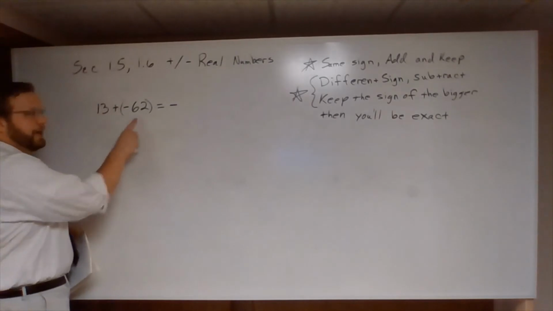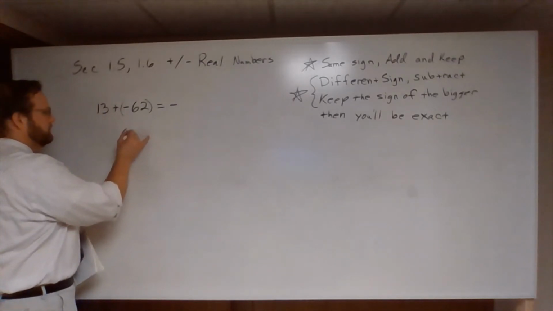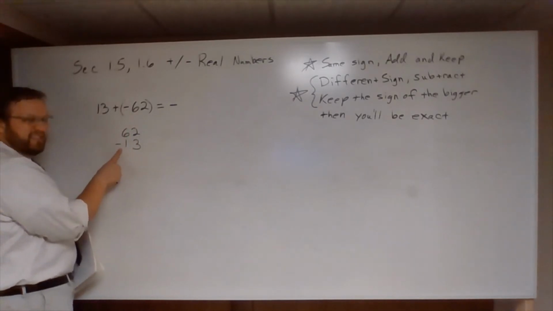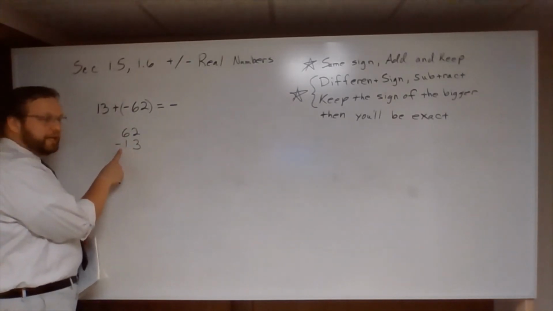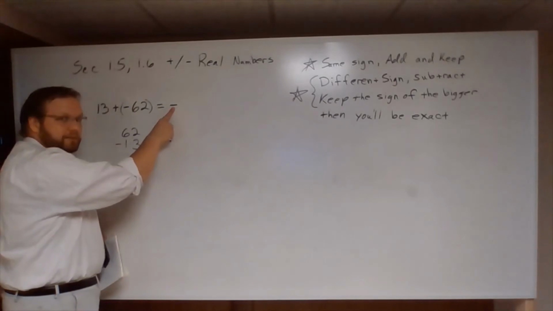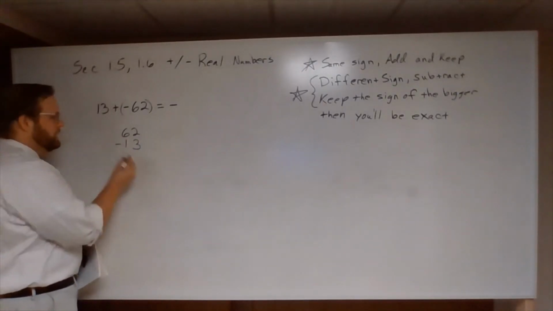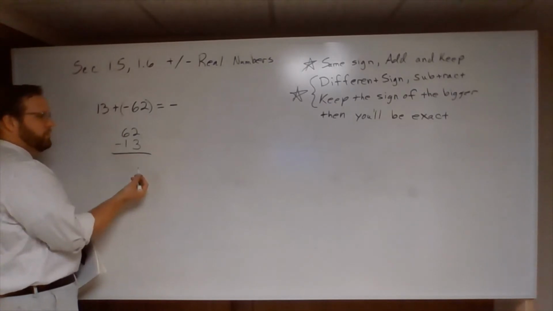Now, when we subtract these, watch what I'm going to do. Do you see how I took that negative and now it's on the 13? That's okay. I can make that switch because I already took that negative into account. So now I'm just trying to find the difference. So when I do that, remember how to borrow.